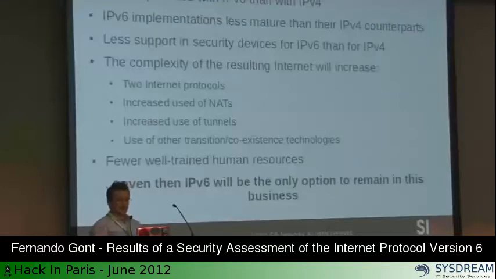Another aspect that is very important too is the maturity of IPv6 implementations. If, for example, you take a look at the CERT/CC website and try to find vulnerability advisories for IPv4 and IPv6, probably you will find at least double the number of advisories for V4 than for V6, maybe even more.